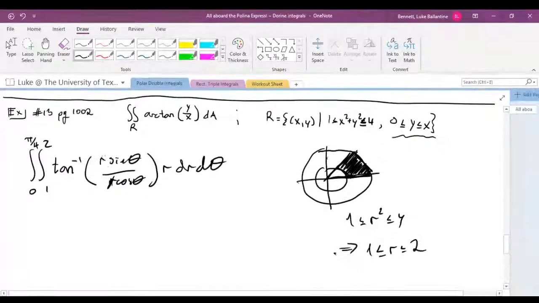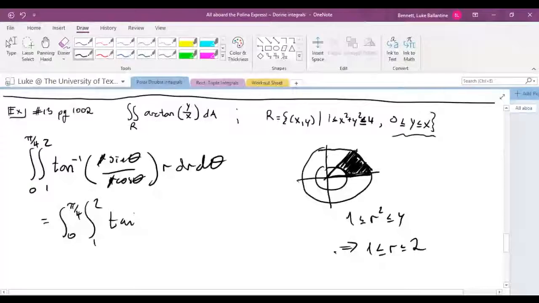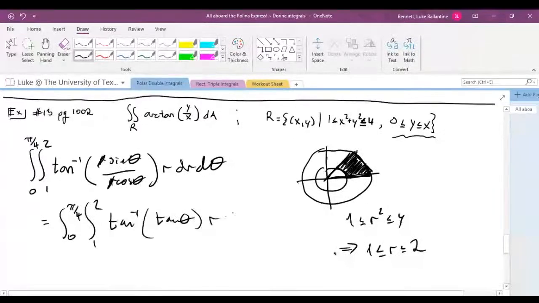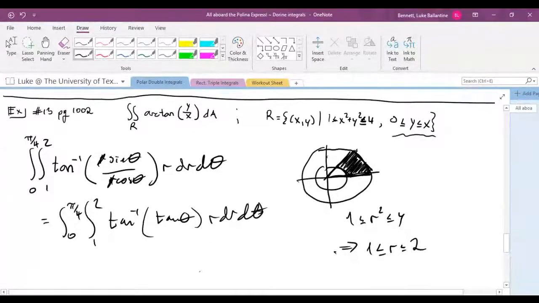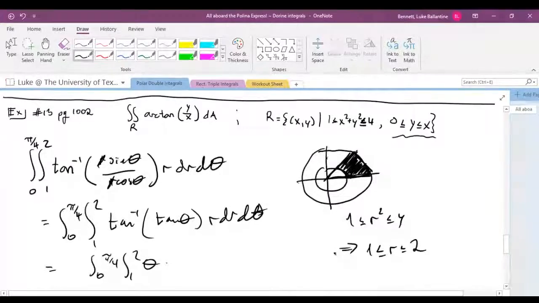Well, the r's cancel. So this is equal to the integral from 0 to pi over 4, 1 to 2, of tangent inverse of sine over cosine, which is really tangent theta, r d theta. What is tangent inverse of tangent? Well, in the first quadrant, that's just going to be theta. We have 0 to pi over 4, 1 to 2, theta r dr d theta.